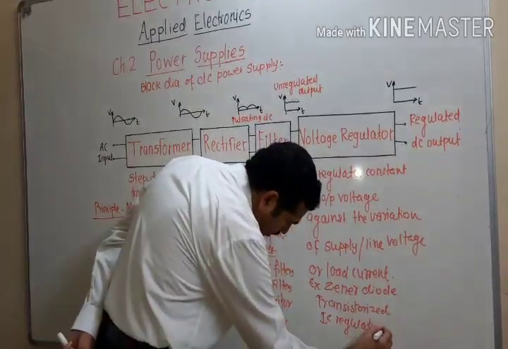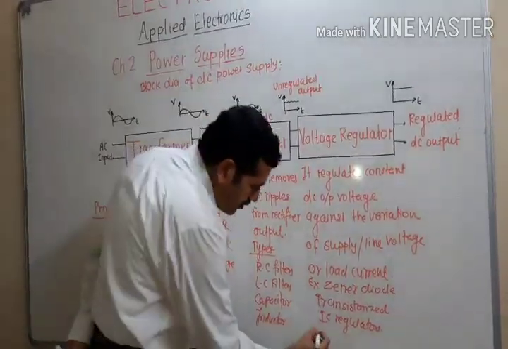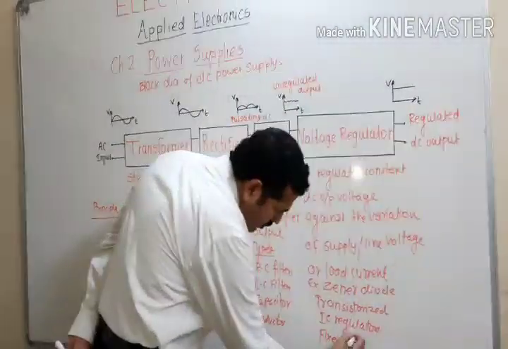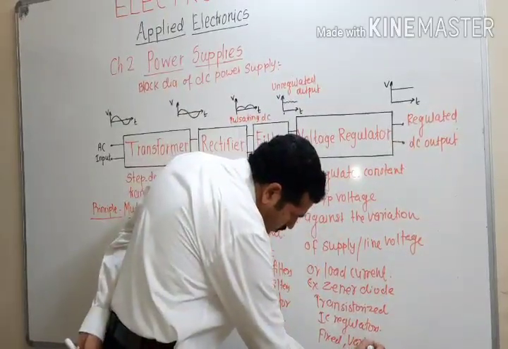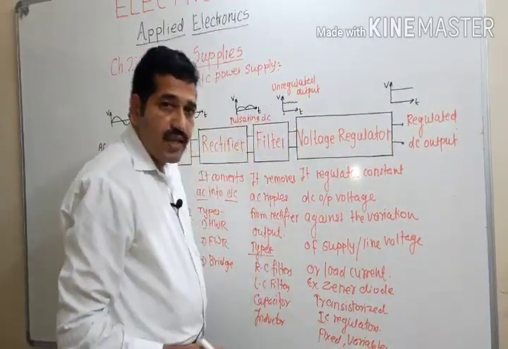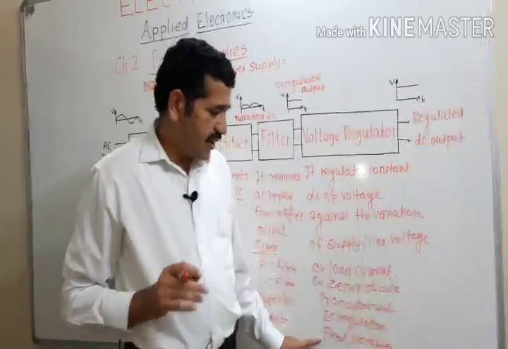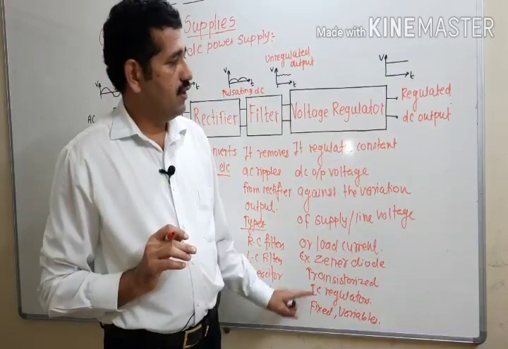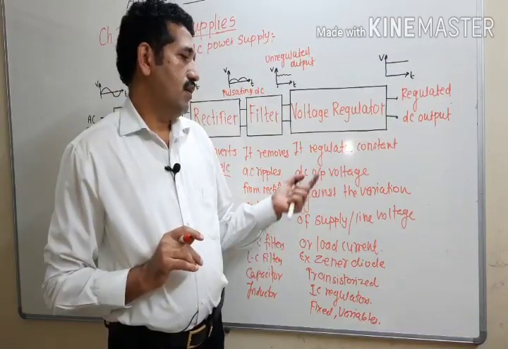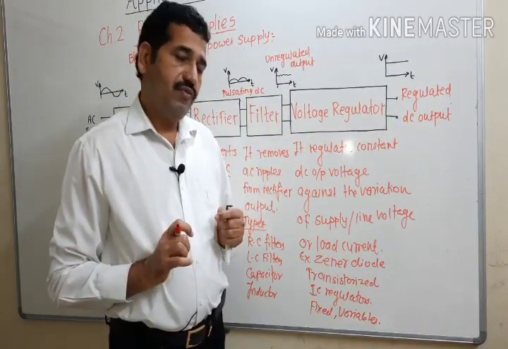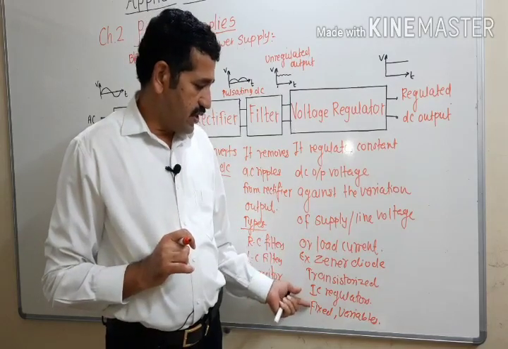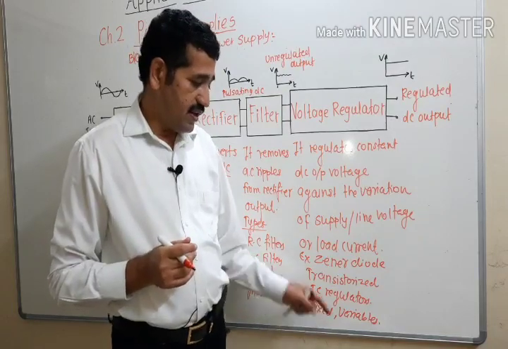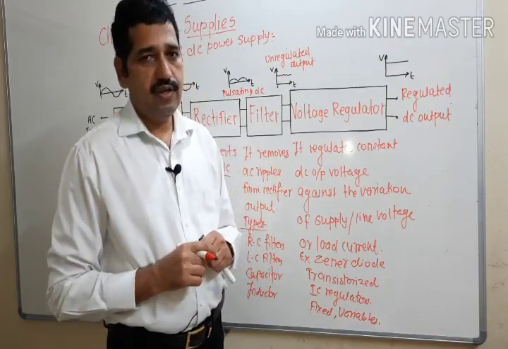In this case, there are some fixed voltage regulators and some variable regulators. Nowadays, 3-terminal IC regulators are the most preferable regulators. So regulators are of many types. Whichever is advantageous we may use. Out of that, the 3-terminal IC regulator is most preferred.